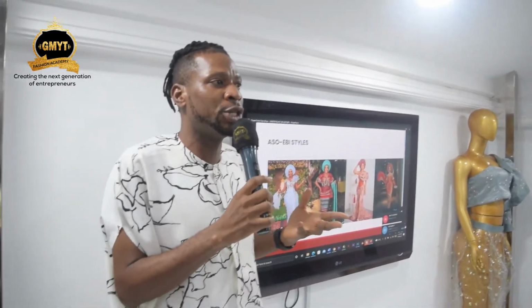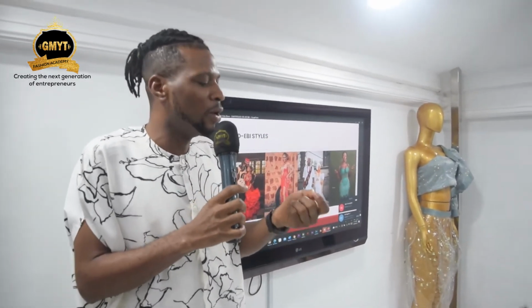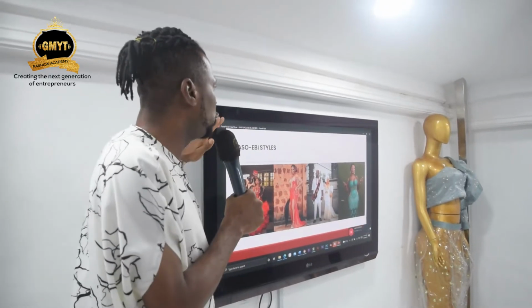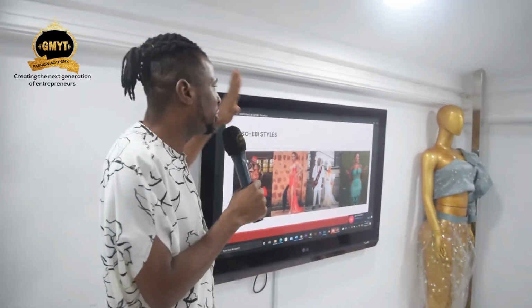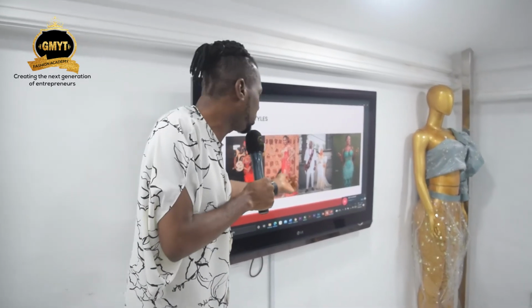The second thing is texture. When they talk about texture, it's very easy to denote. Textures are what we can actually feel about each fabric that we are using. And we've been able to categorize different kinds of fabric in the fashion sector that you can use to achieve a particular design. We have velvets.